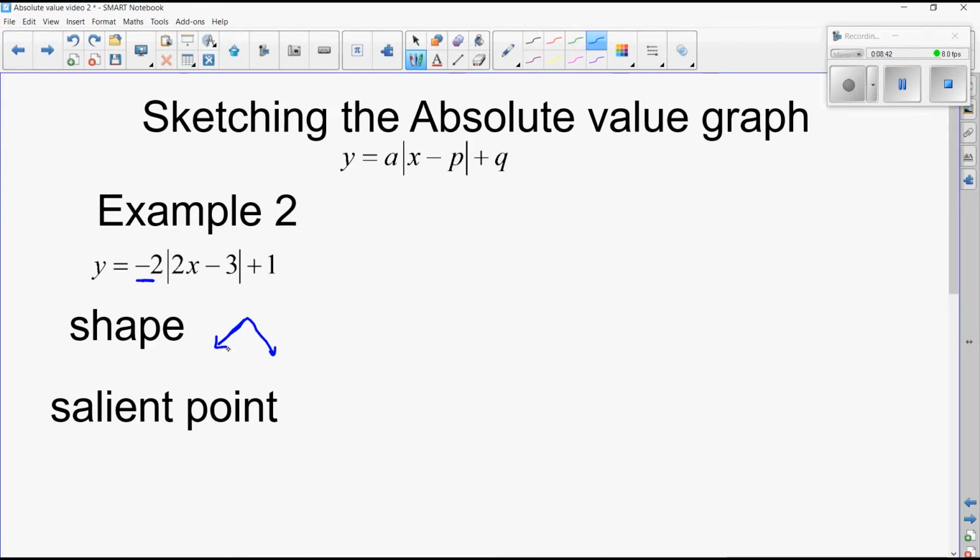The next point that I immediately find is the salient point. Remember, the coordinates of your salient point are p and q. To find p, we let the expression between the absolute value signs equal 0. So I got 2x minus 3 equals 0, and solving for x, I get x equals, sorry, positive 3 over 2.